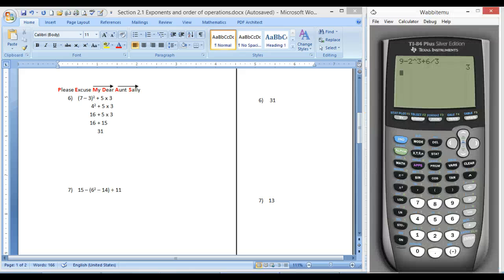There you go. We got 31. And just to verify, we'll bring up the calculator as well. It has parentheses down here, so I'm going to do parentheses, and I'll type in 7 minus 3, close the parentheses, and I could do the caret 2, which squares, or I can use my squared button over here, and then add 5 times 3, enter.